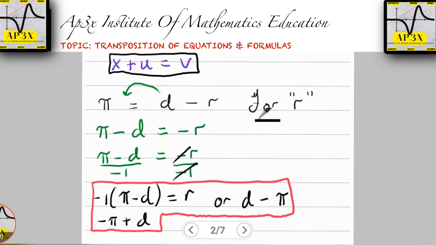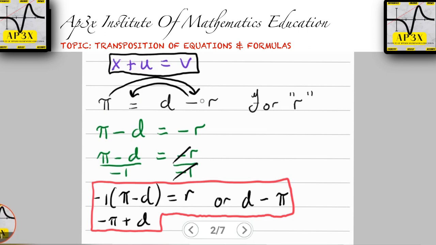As opposed to transposing what you do not want beside your subject, because your subject is negative, we can instead transpose the r to the left and bring pi to the right.